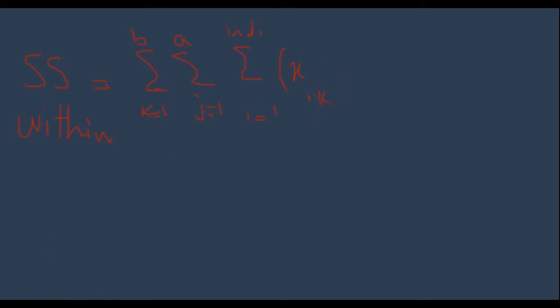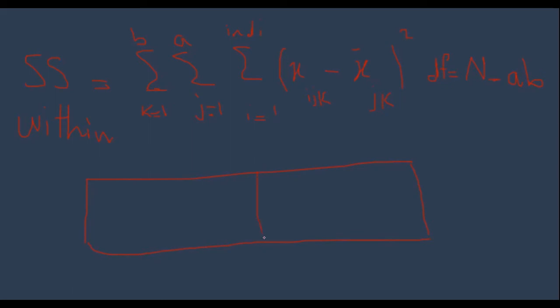minus x_jk bar, power 2, and then degree of freedom in here is n minus A, B multiplied by each other. Okay, so in here also it's so obvious.